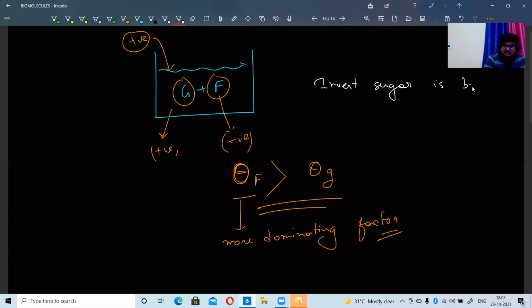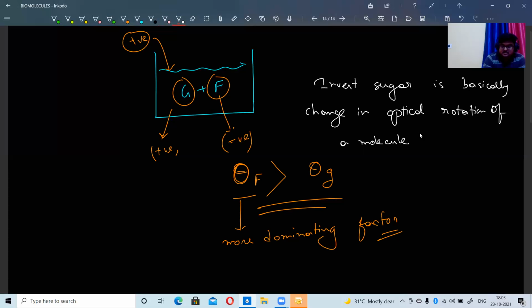Invert sugar is basically a change in optical rotation of a molecule, in general, from dextro to levo and vice versa.